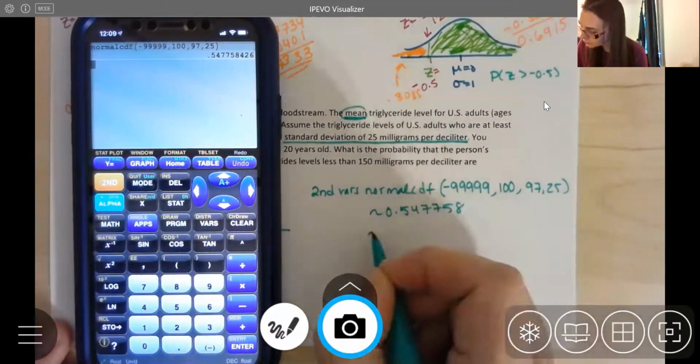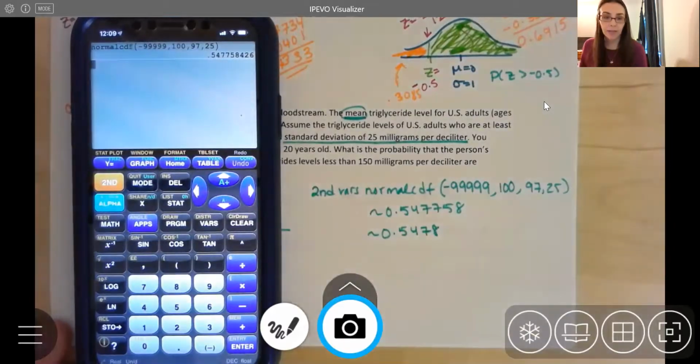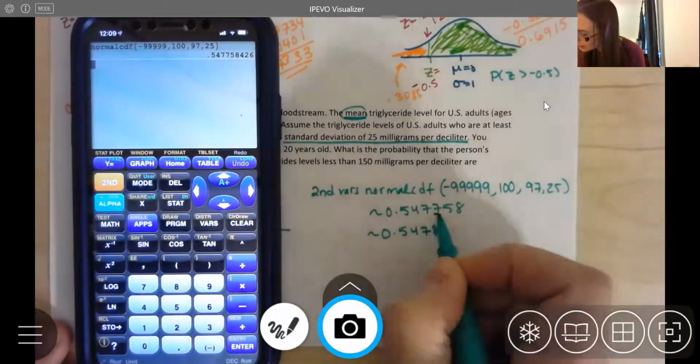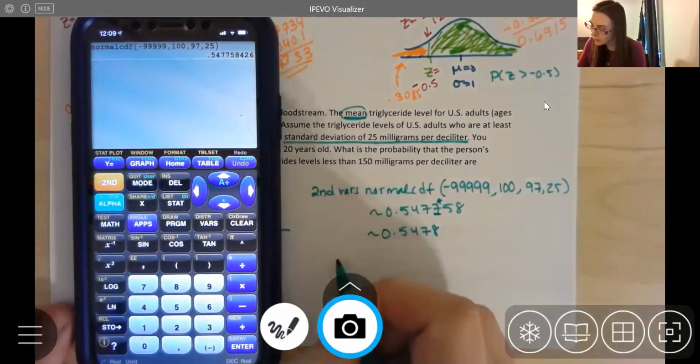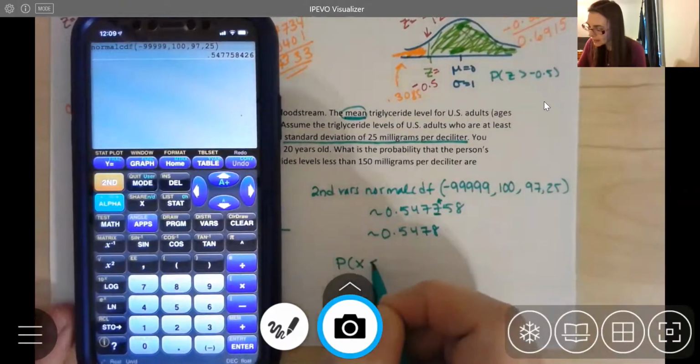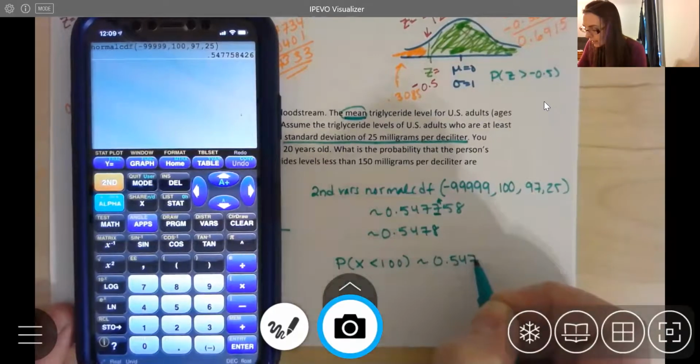0.547758, or about 0.5478 if I round to 4 decimal places. So that 5 is going to bump that 7 up to an 8 there. So the probability that x is less than 100 is about 0.5478.